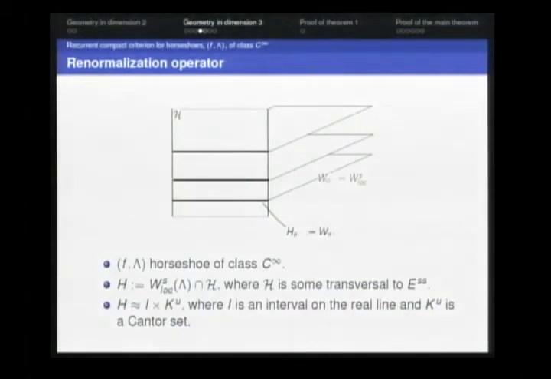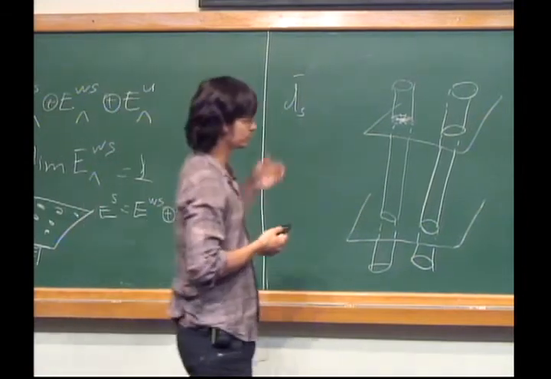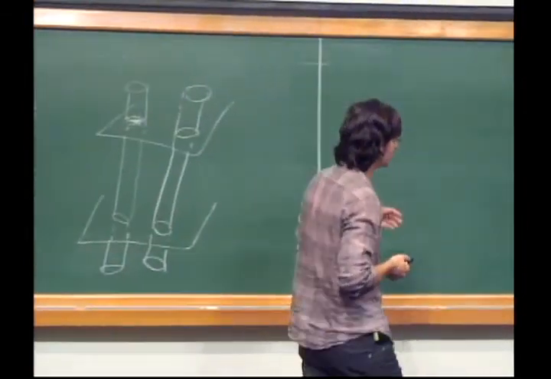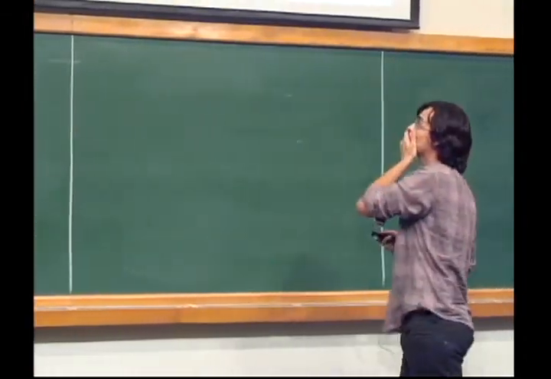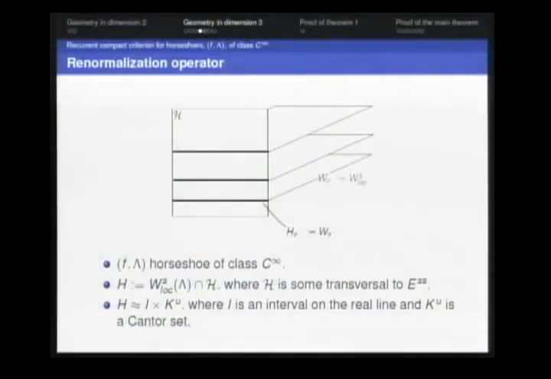So this picture is the same as I made here. So we take a manifold transversal to the strong stable foliation, and we take the intersection of this manifold with each stable manifold, each local stable manifold.